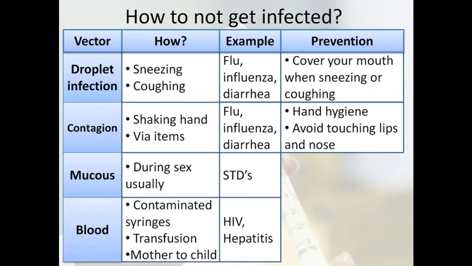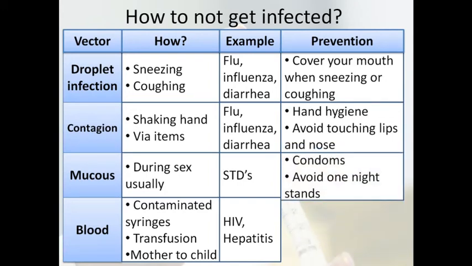Contagion, you have to pay attention to your hand hygiene, wash your hands, and also avoid touching your lips and nose because they have mucous tissue, and if you touch something contagious and then touch your mouth or your lips or your nose, you will get the bacteria in you that way.